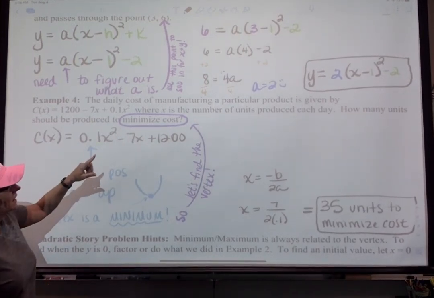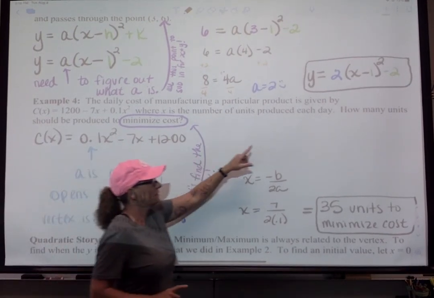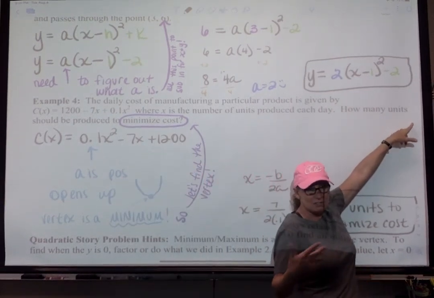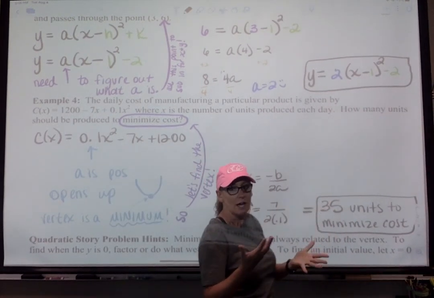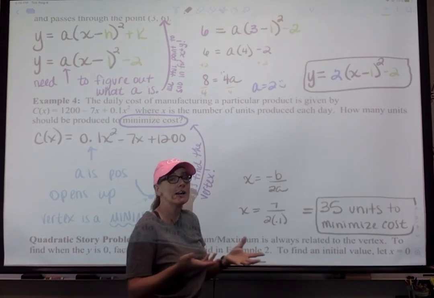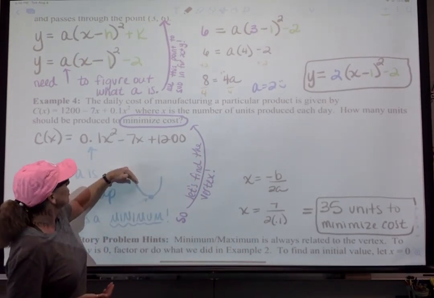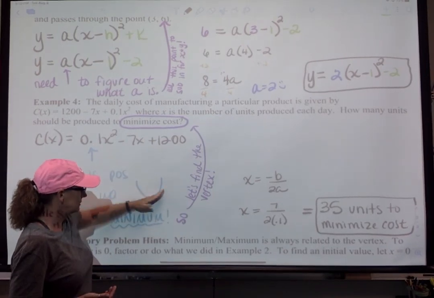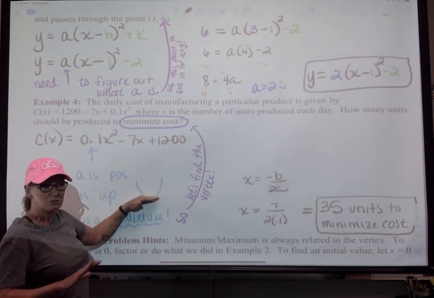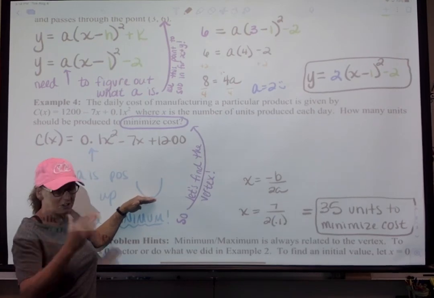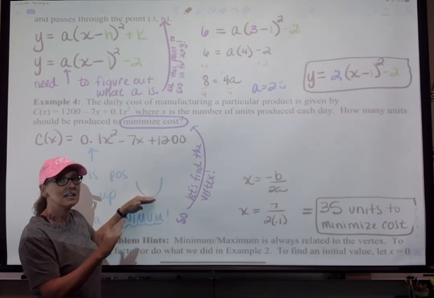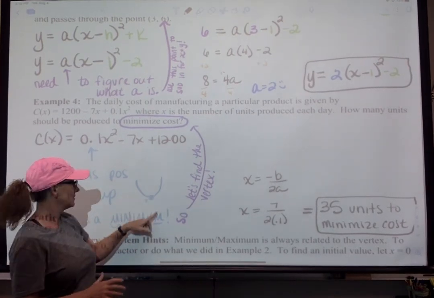It asks, how many units, tires, whatever, x. Find x. So that cost is minimized. All it's asking is to find x in your vertex. See?